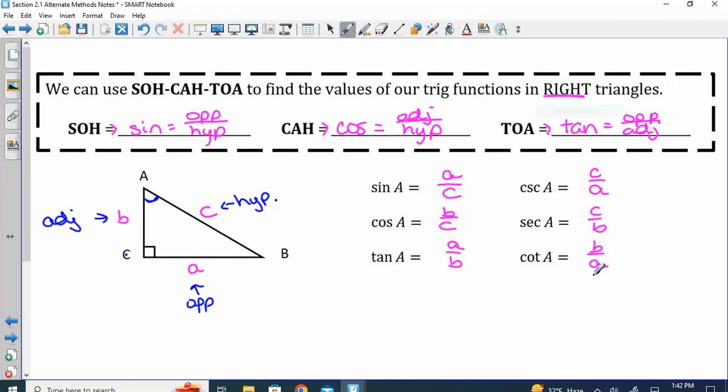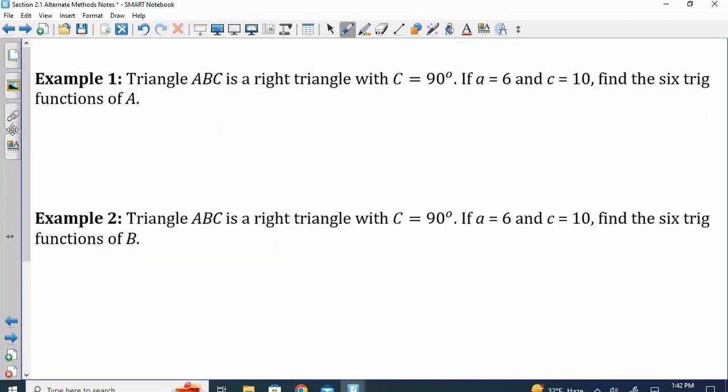Let's look at an example. So we're going to have a lot of problems like this where I'm just going to tell you in words, and we're going to have to draw a triangle that meets the requirements. Probably very common here, people will make mistakes by labeling the sides incorrectly. So just watch it when you are reading this. We have triangle ABC is a right triangle, and C is the right angle.